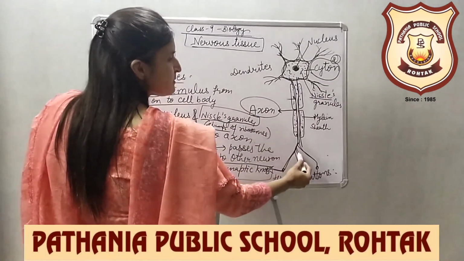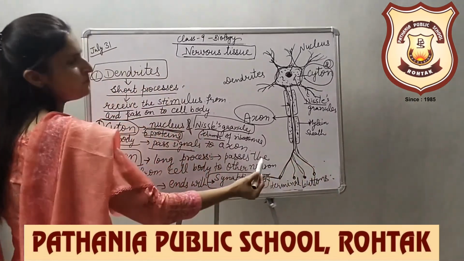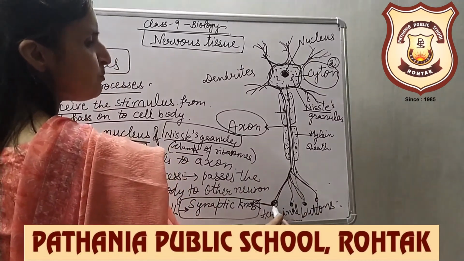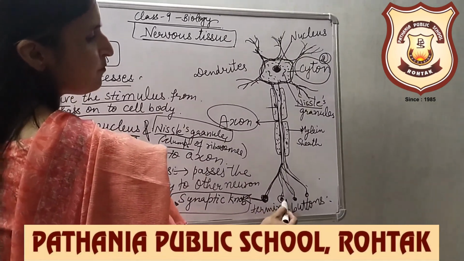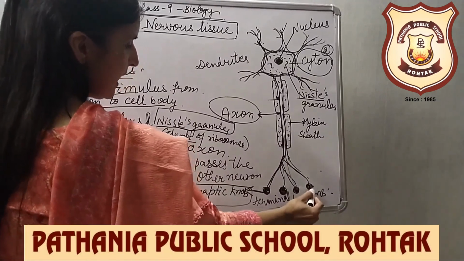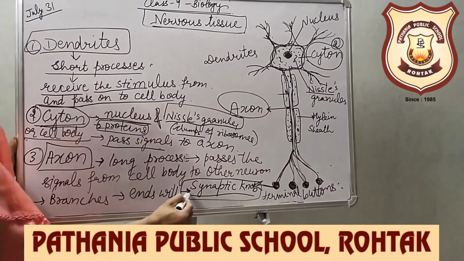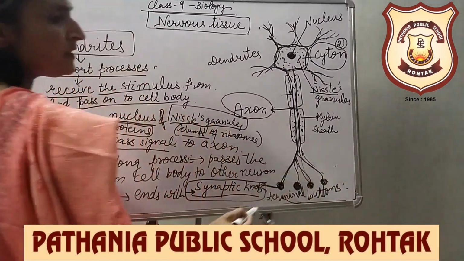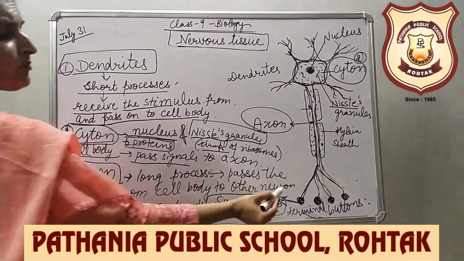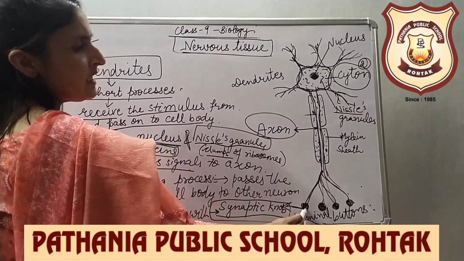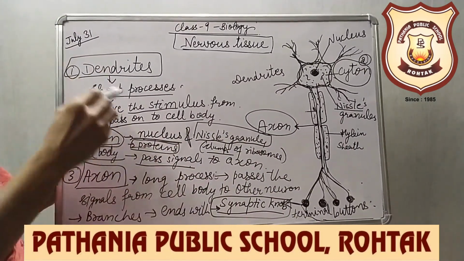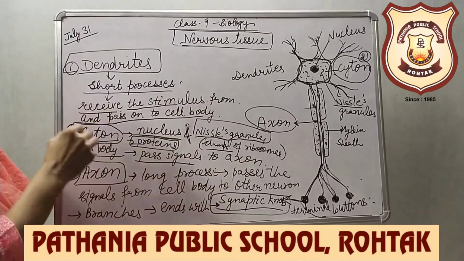Axon gets branched at the end. At the end it forms many branches. Each branch ends in knob-like structures called synaptic knobs or terminal buttons. Through these terminal buttons the electrical signals get transmitted to the next neuron, then to the next neuron, and so on.